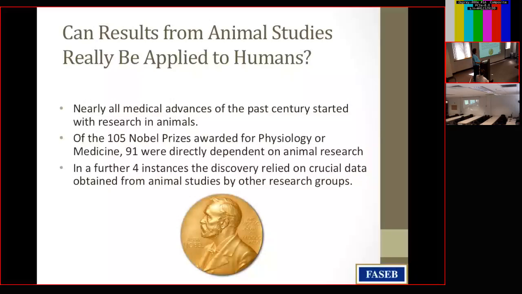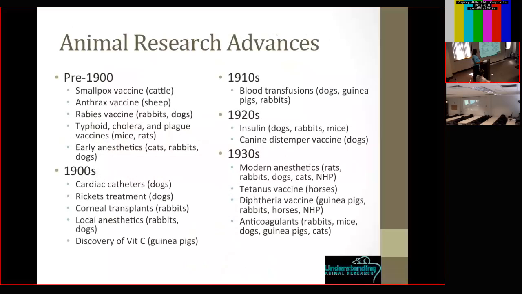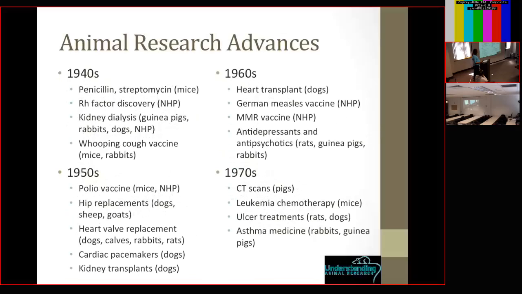These next 3 slides show some of the most important scientific discoveries of the past centuries, as well as the animal models that were used to perform those experiments. So all of our vaccines for animals and humans, organ transplants, imaging modalities such as CT, MRI, as well as treatments for a wide host of diseases: asthma, cancer, hepatitis, Parkinson's disease, HIV.